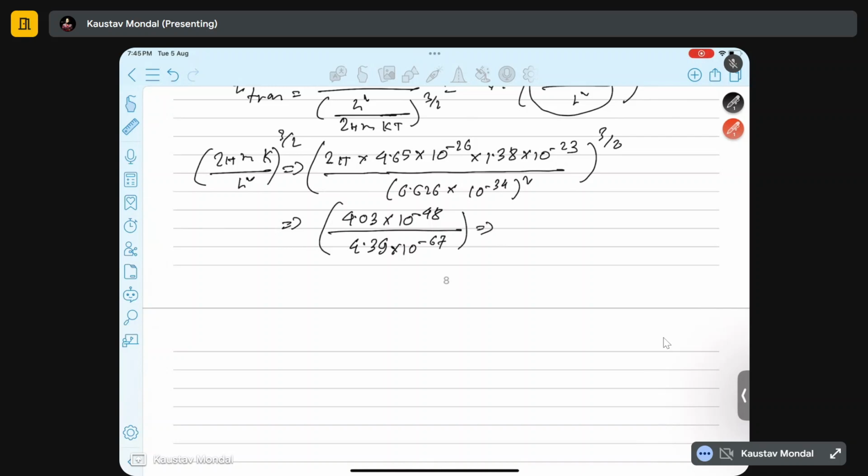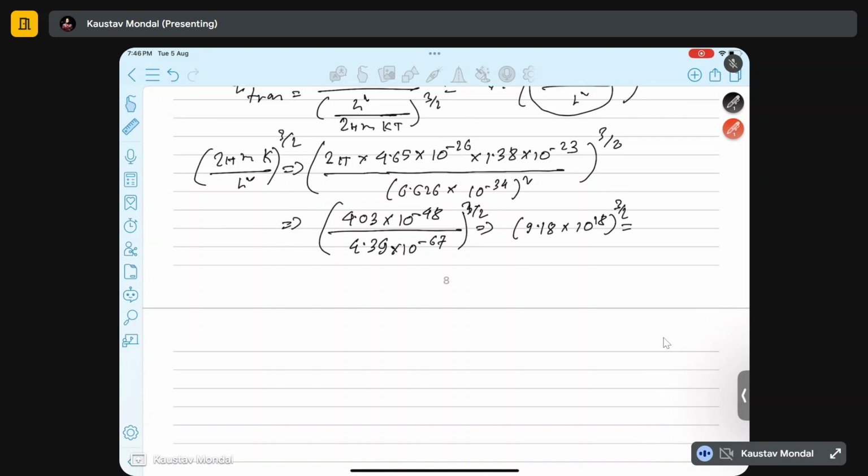Now if you divide these two quantities, there is 3 by 2 also there. So if you divide 4.03 by 4.39 into 10 to the power minus 67, this gives you 9.18 into 10 to the power 18, to the power 3 by 2.